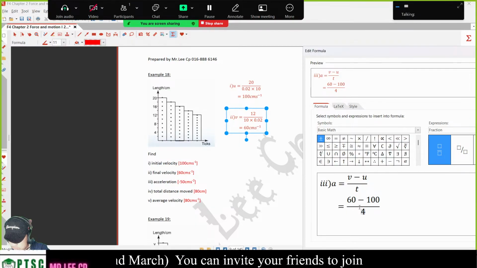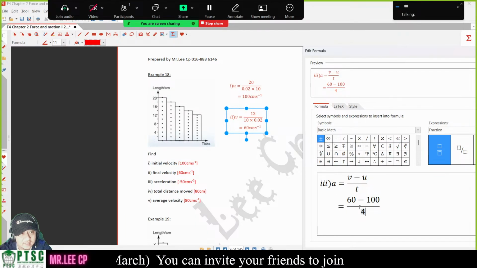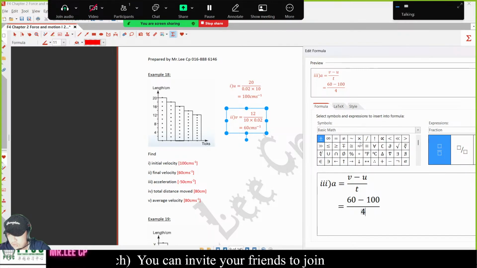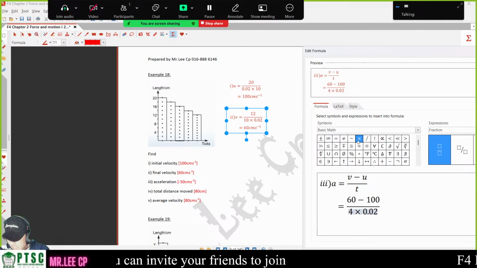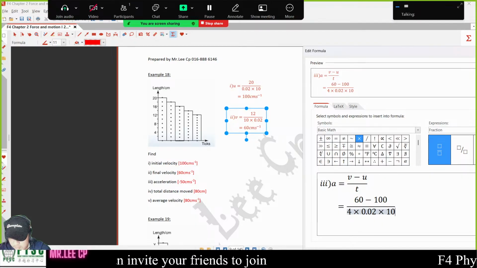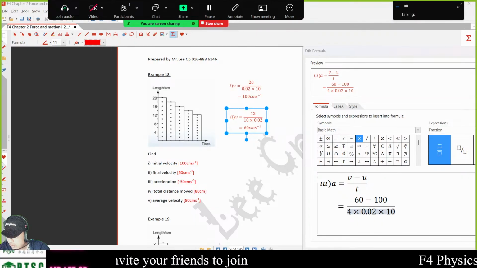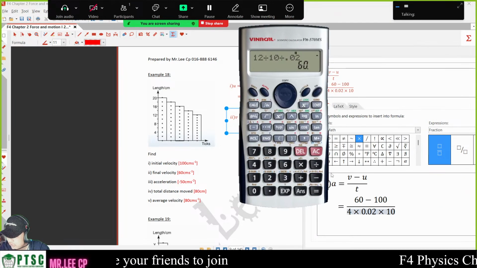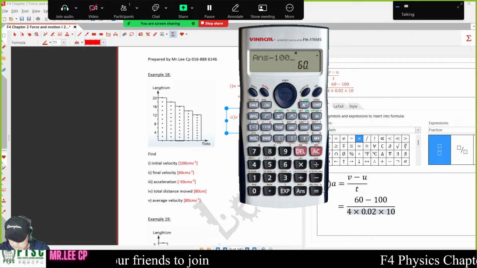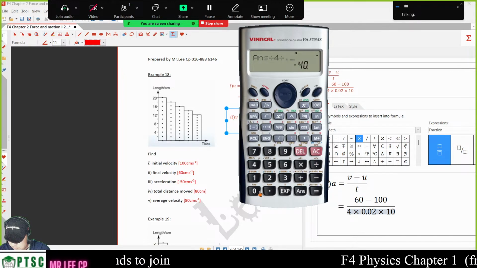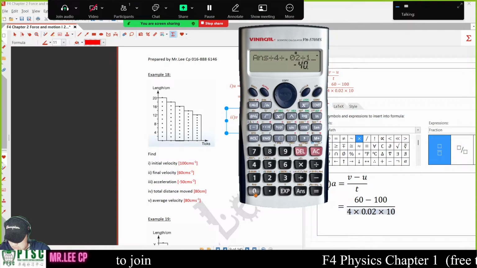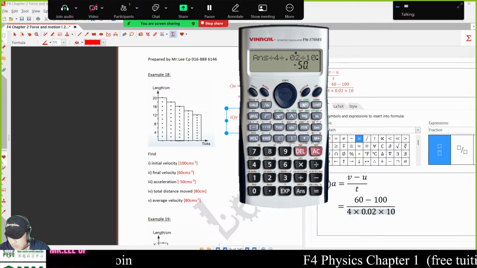I use 4 groups because I am calculating acceleration. Each one is 0.02 times 10. So 60 minus 100 divided by 4 divided by 0.02 divided by 10. I'll get negative 50.